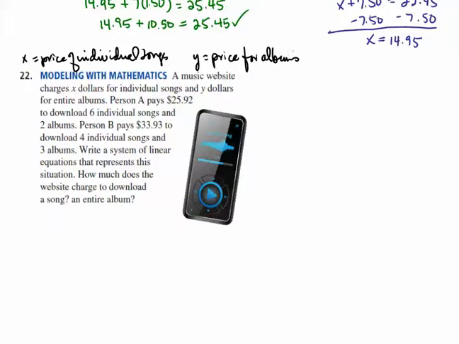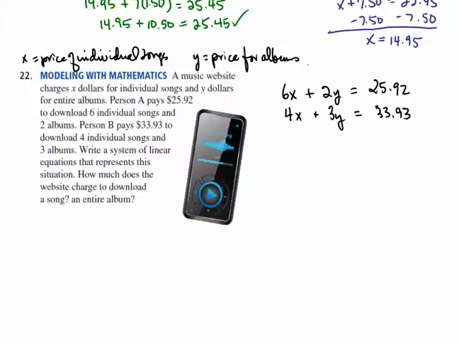All right, now first person pays $25.92 for 6 individual songs. So 6 times X, and 2 albums, 2 times Y. They spent a total of $25.92. Second person buys 4 individual songs and 3 albums and pays $33.93.